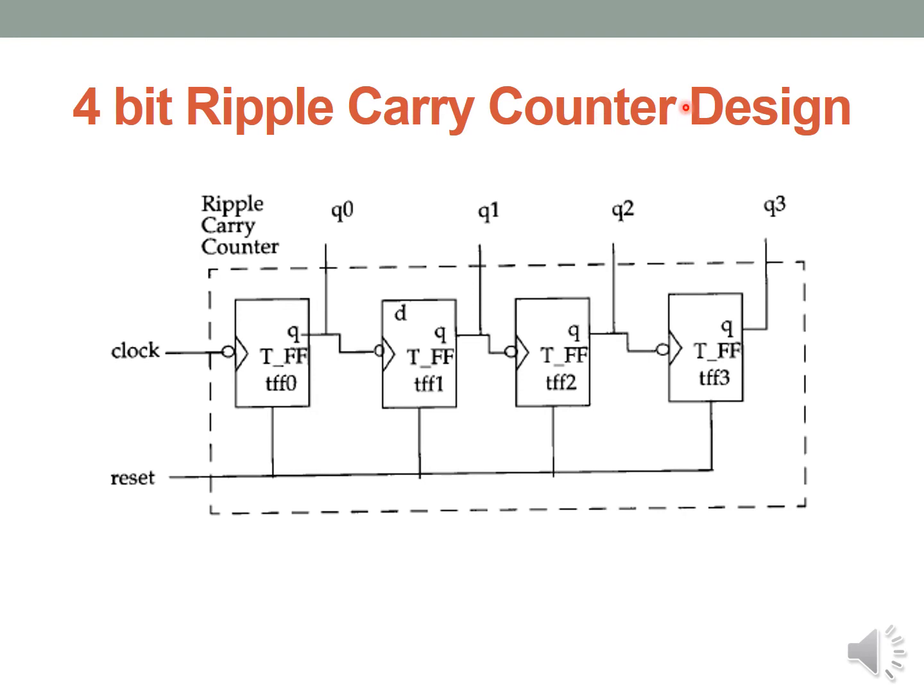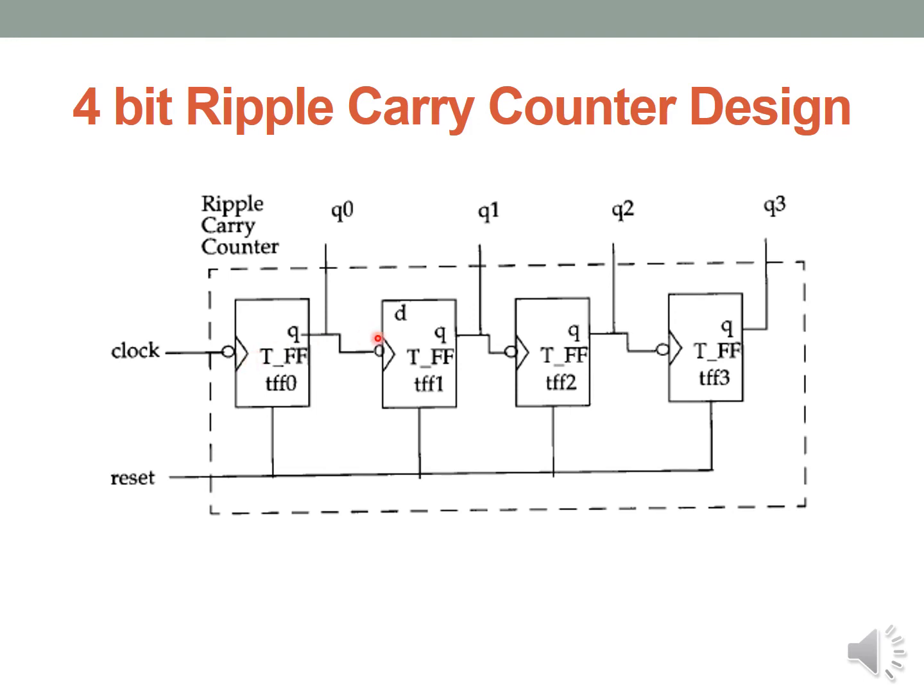So here in the design of a 4-bit ripple counter, we need 4 T flip-flops which are connected as shown. We have all the reset signals shorted together and available as a common reset signal. This is an asynchronous counter. Ripple counter is also known as asynchronous counter, and in an asynchronous counter, the clock is provided only to the first T flip-flop.